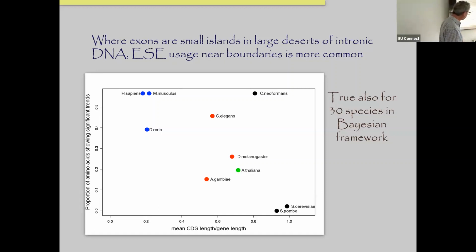So if you ask what is the mean coding sequence length divided by the total gene length, ours is about 18% or so. So if you take a gene, only about 18% of that is coding sequence, the rest for us is intron. Now you go down to that other extreme. So remember that other splicing model I gave you, which was from cerevisiae, they don't have this problem at all.